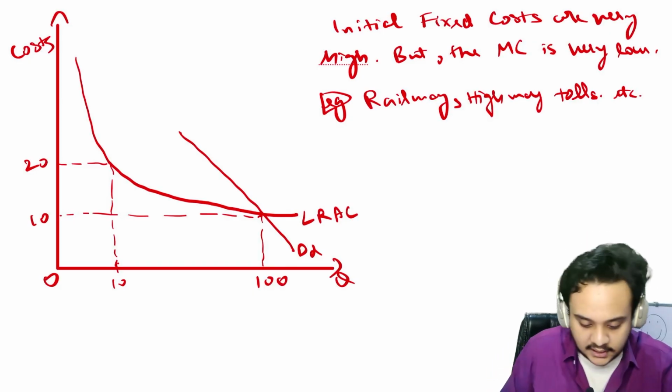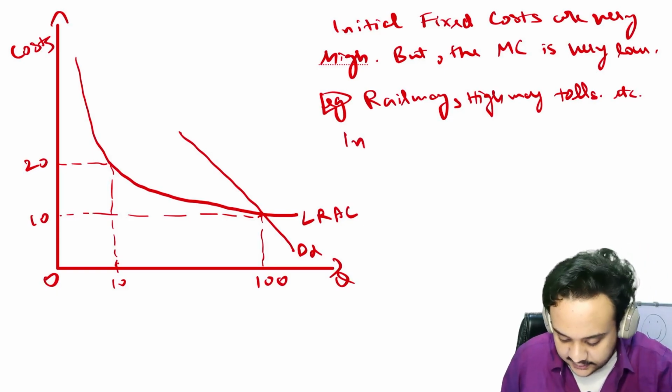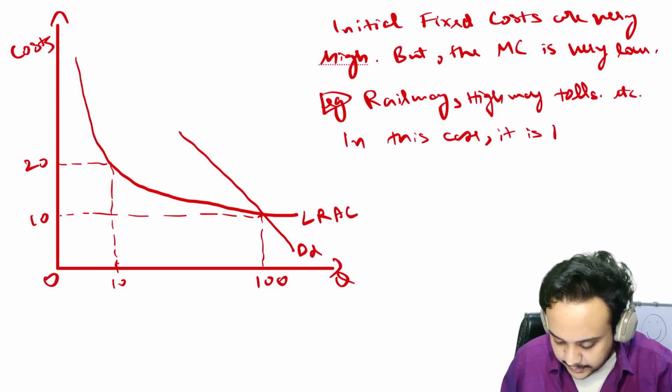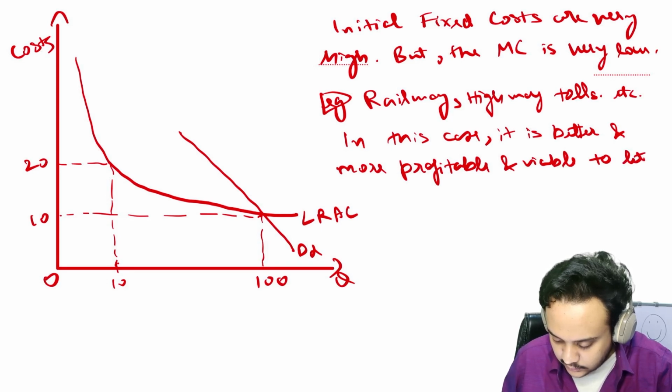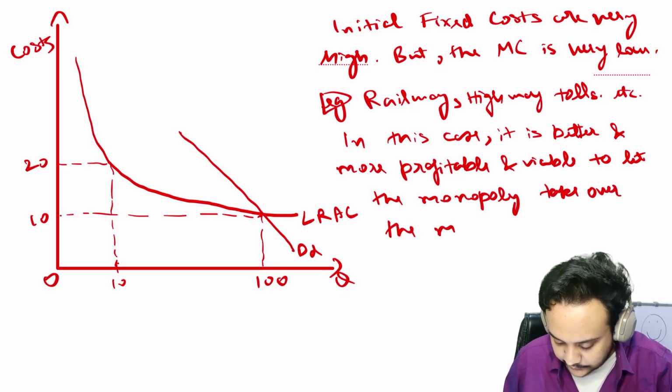Okay, you can write: in this case, it is better and more profitable and viable to let the monopoly take over the market. Why are we saying this?